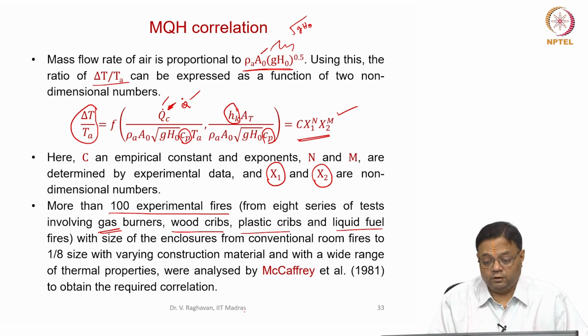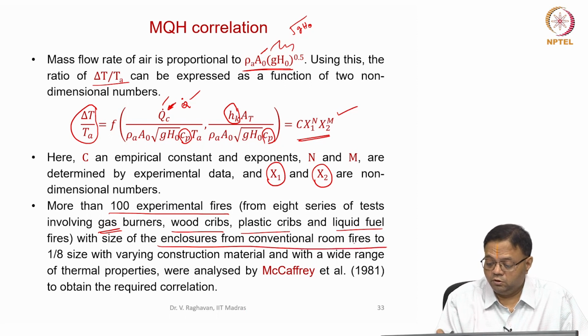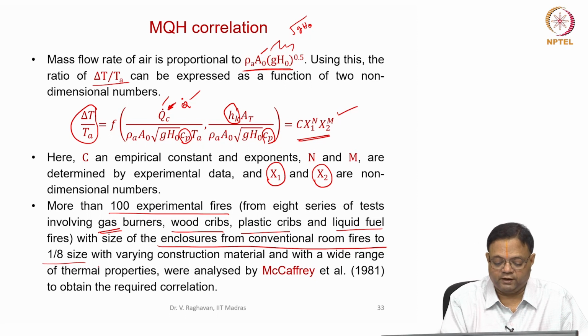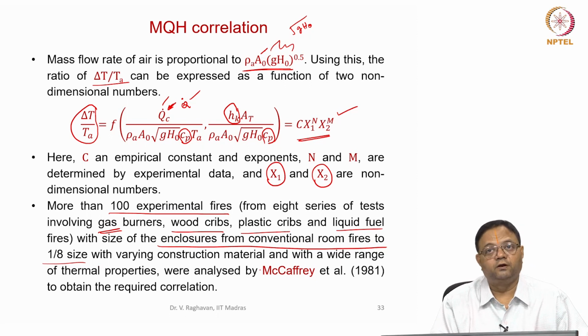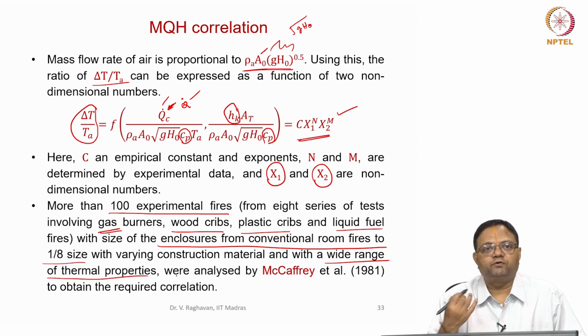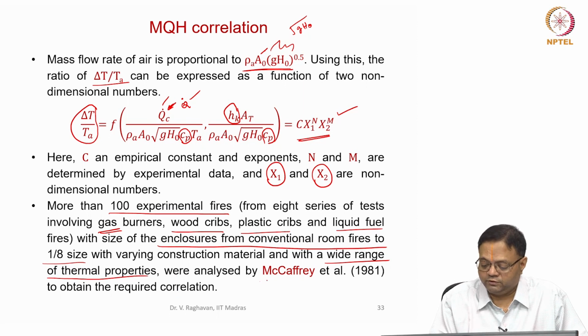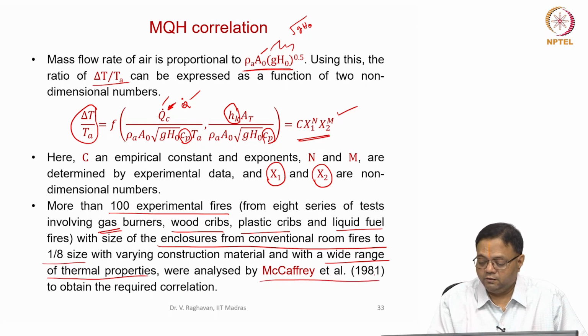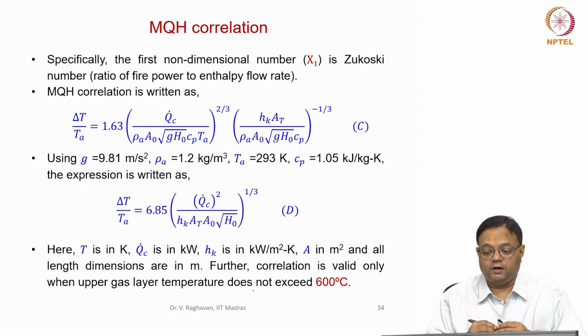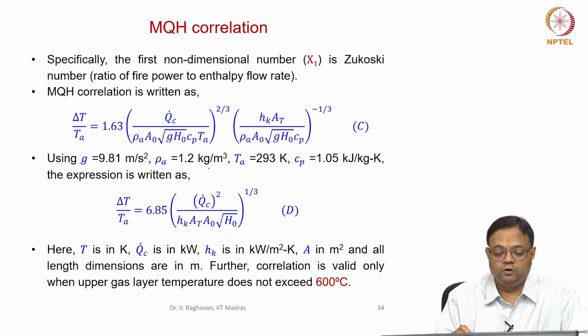Similarly, sizes of enclosures starting from conventional room fires to 1/8 size with varying construction materials like, say, wood, steel, etc., where wood and steel have a wide range of thermal properties. So different property materials are considered. This was done by McCaffrey et al. in 1981. Once this experimental data was used, a curve fit was done.